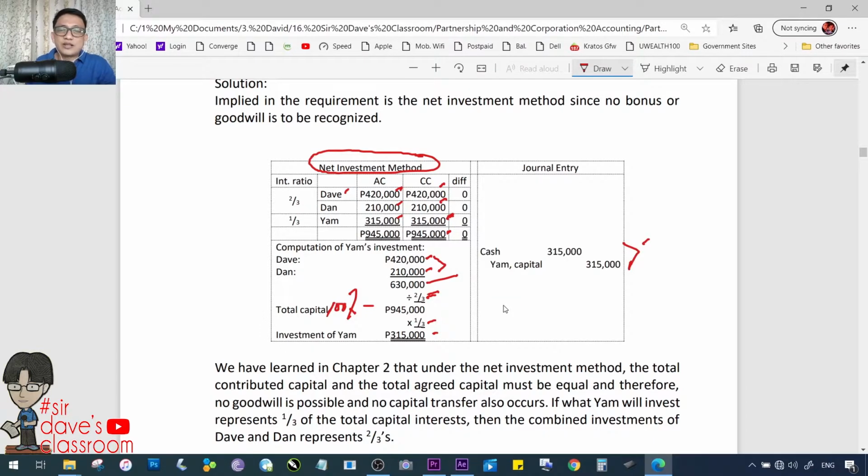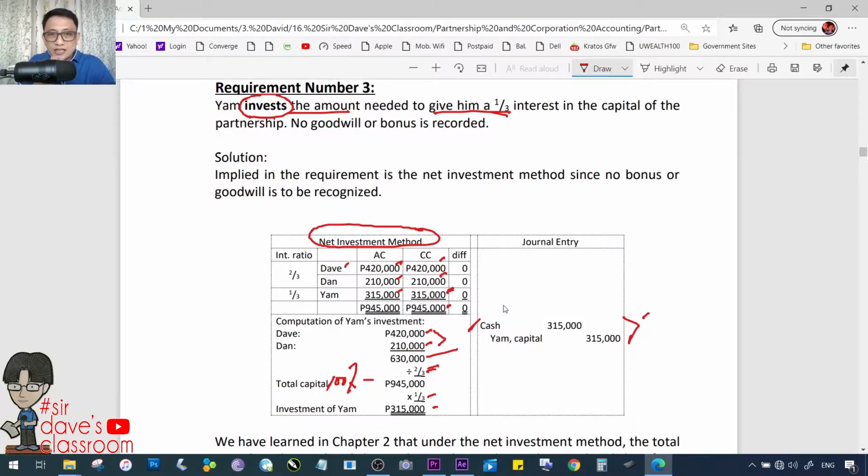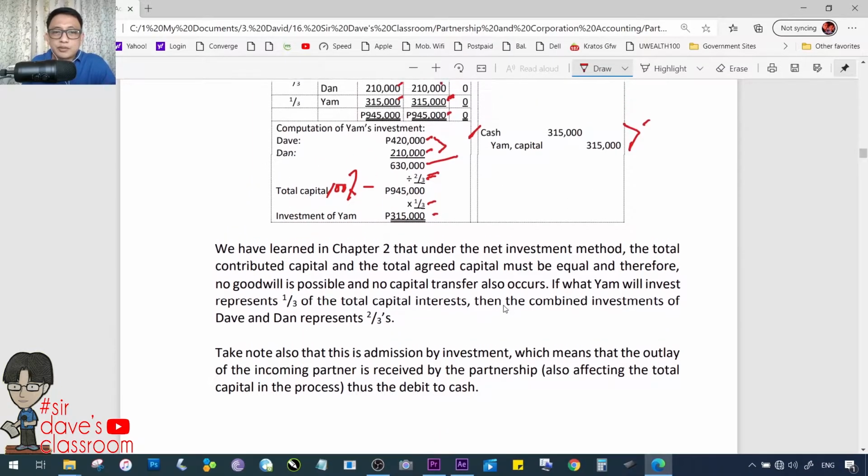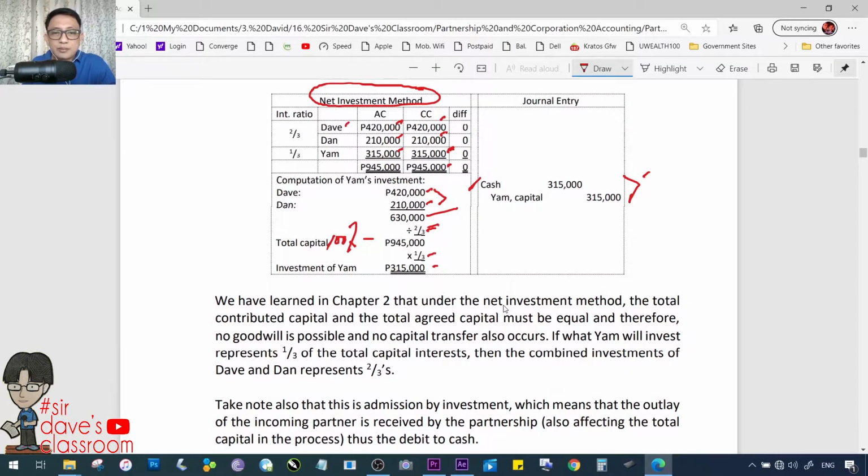Now notice that the cash is debited here, meaning to say the cash that Yam paid or invests, yun ang correct term, enters the partnership books, 315,000. We have learned in Chapter 2 that under the net investment method, the total contributed capital and the total agreed capital must be equal, and therefore no goodwill is possible, and no capital transfer also occurs.